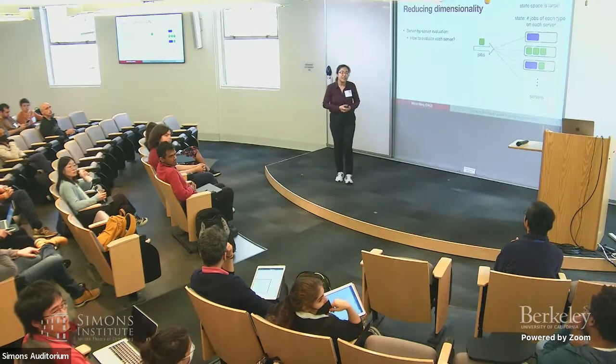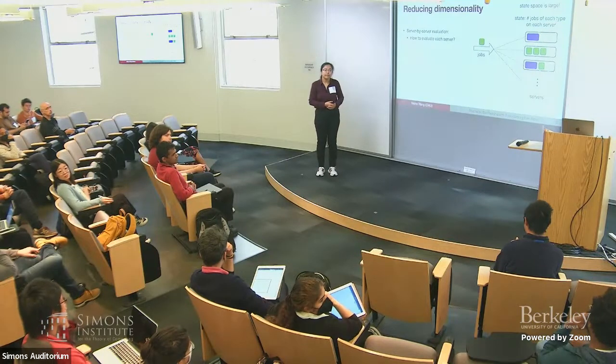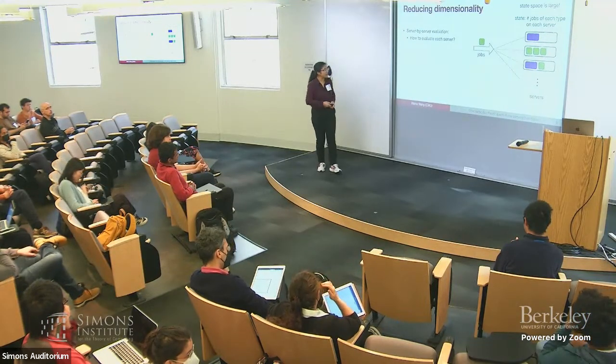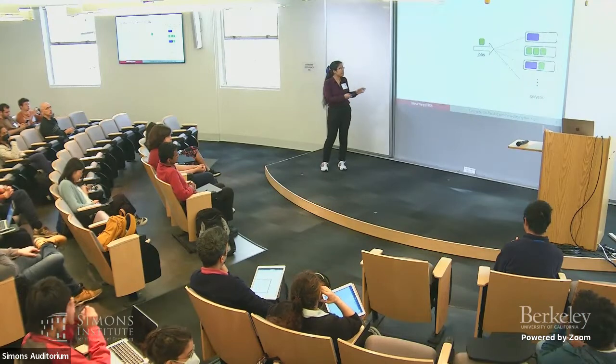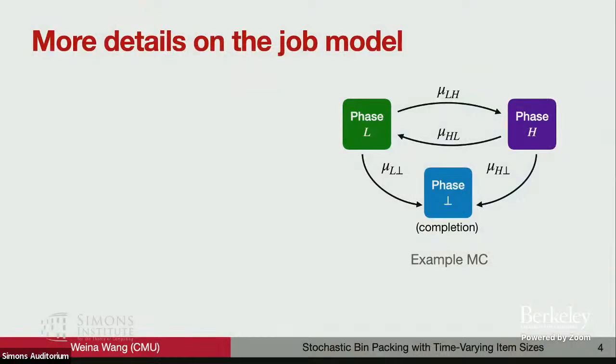I have a question. On the previous page, it seems like you are assuming Markovian transitions. Is there any justification for that? One justification I can give is this. Right now it's Markovian, so if you are in this phase, the time it takes to complete is exponentially distributed, right?